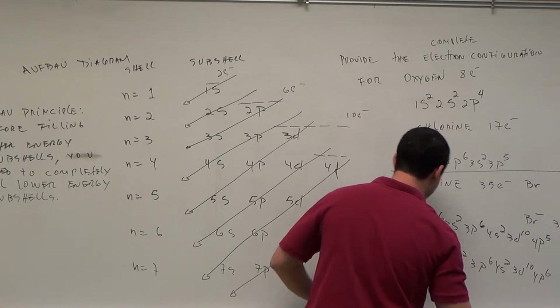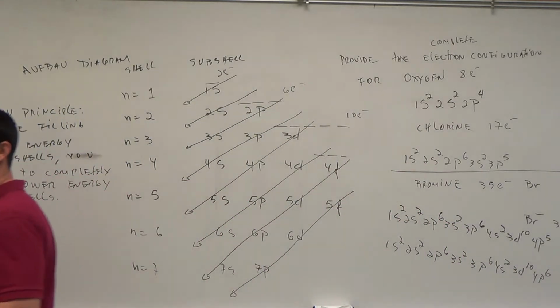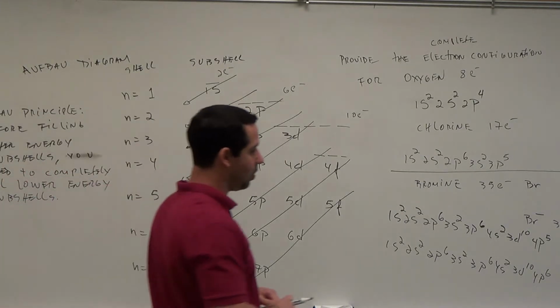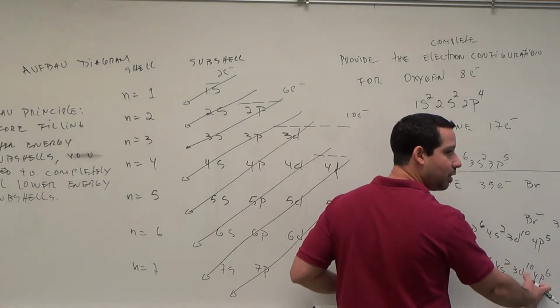The P will be filled, and that will have a noble gas configuration. Yes or no? The noble gas configuration of what element? The one after it, krypton. What is the symbol? KR. Alright, so this has a noble gas configuration.